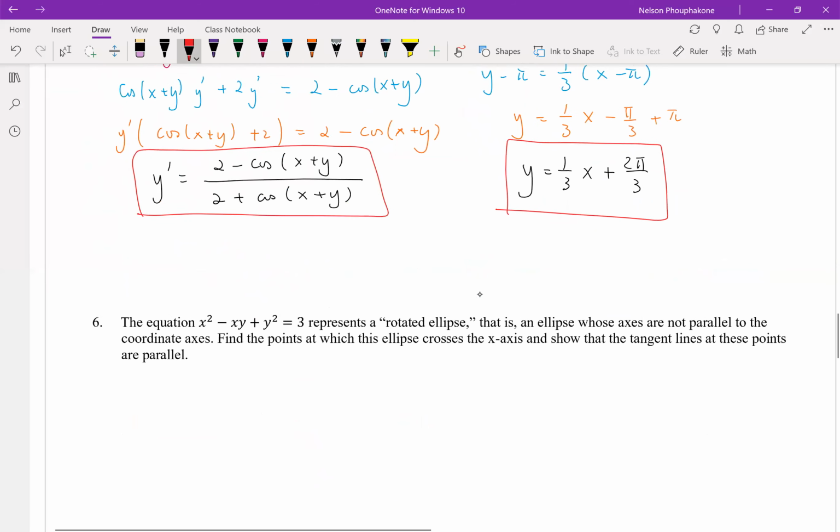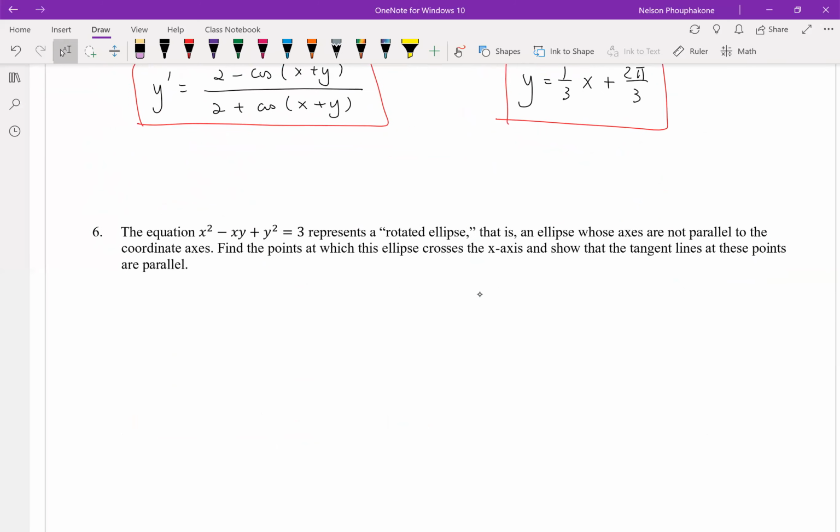Okay, so now the next problem is I have an equation x squared minus xy plus y squared equal to 3 that represents a rotated ellipse. Now what is a rotated ellipse? Normally with an ellipse, the major axis is parallel to the x-axis or parallel to the y-axis.